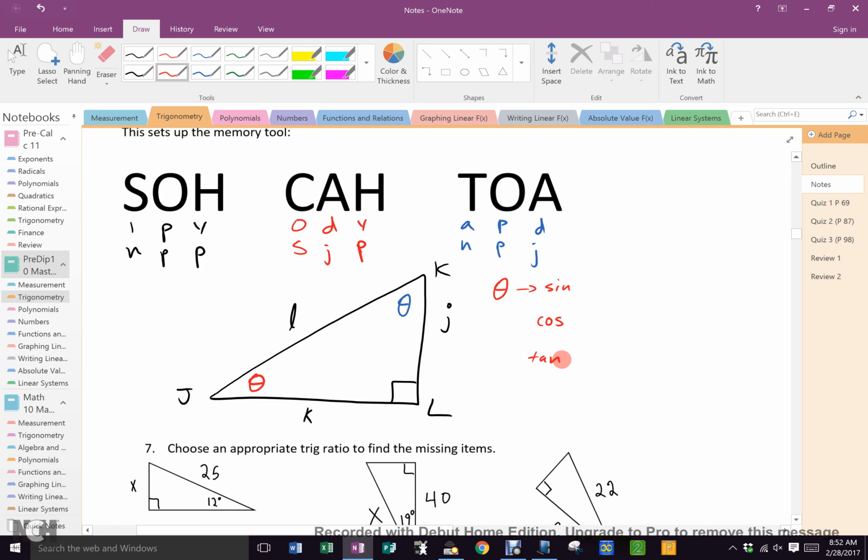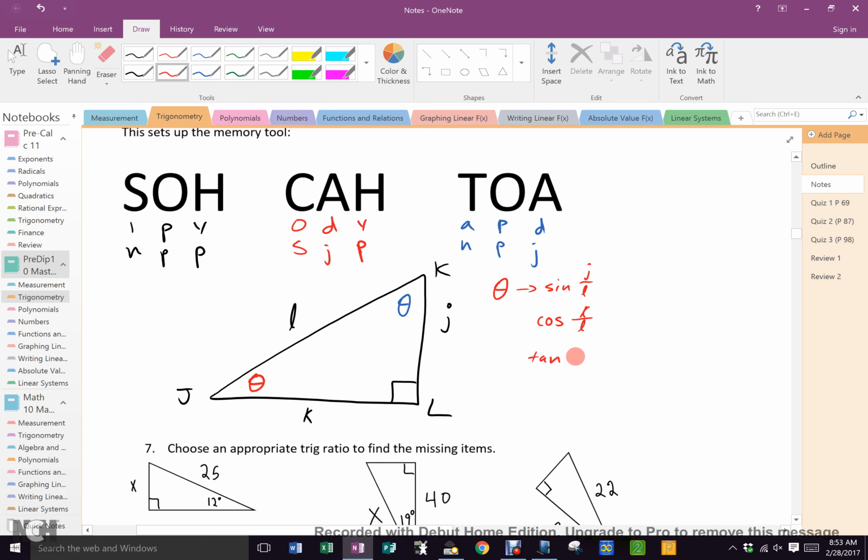What is the sine of red theta? Opposite over hypotenuse. What's opposite of red theta? Little j. What's the hypotenuse? Little l. What's the cos of red theta? Little k over little l.